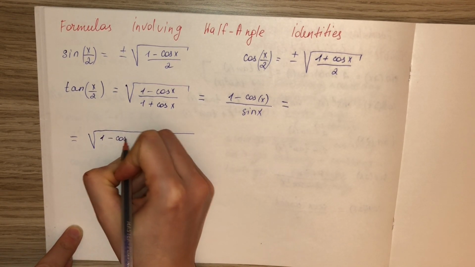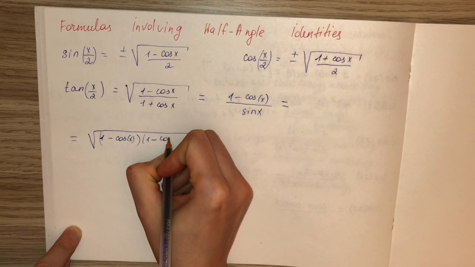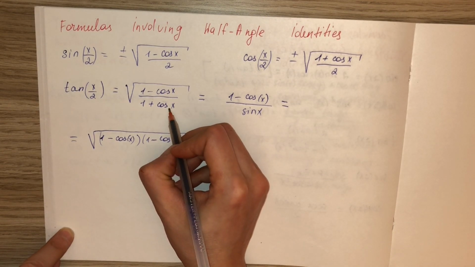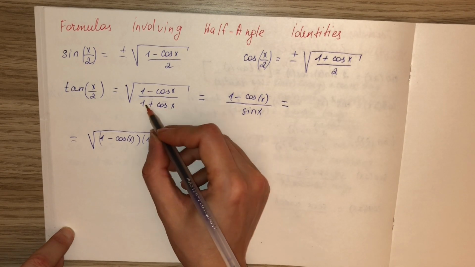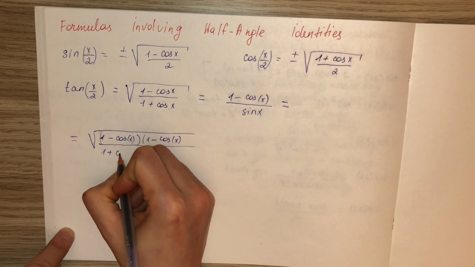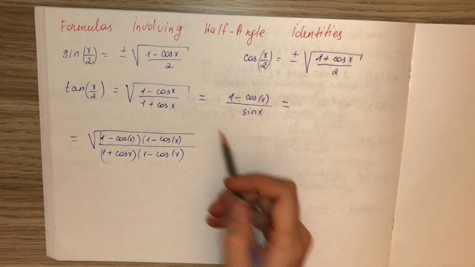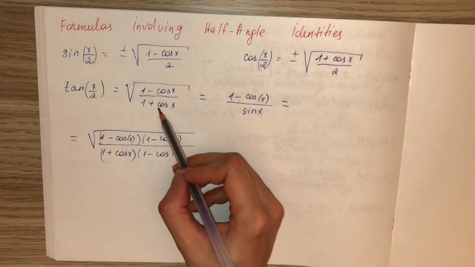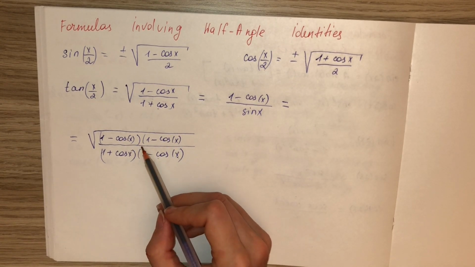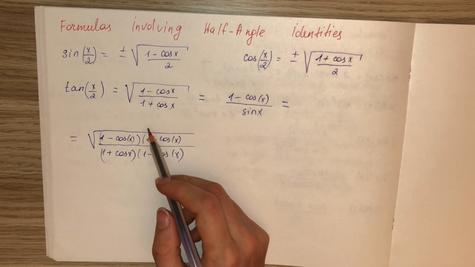1 minus cosine x over 1 plus cosine x under the square root. We will multiply the denominator by its conjugate. So the conjugate of 1 plus cosine x is 1 minus cosine x. We multiplied both numerator and denominator by the conjugate of the denominator.